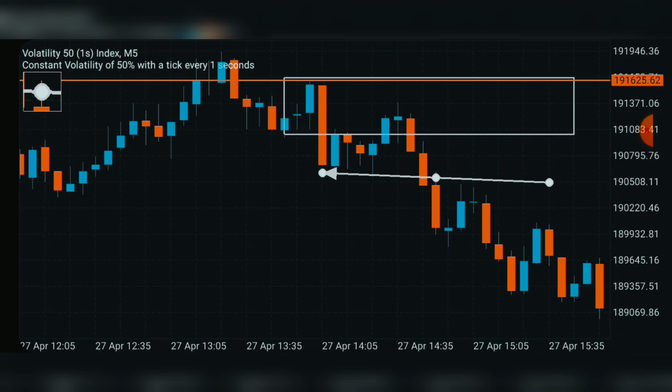So Wyckoff shows that you have an impulsive move, then you have the consolidation, and then after the consolidation, you have an impulsive move in the opposite direction, which would be the change of character, right? It's the same thing. Once you understand that all order blocks are consolidations, you know that at the order block you're expecting Wyckoff to take place, so you're expecting that consolidation and then a break of that consolidation, right?